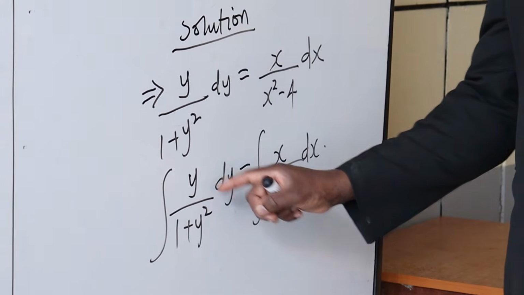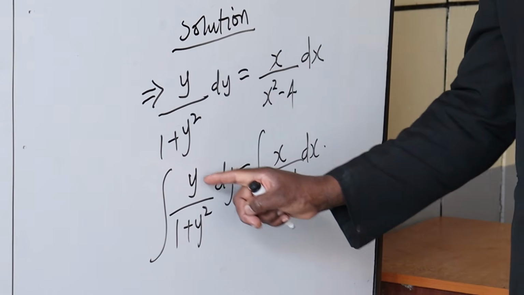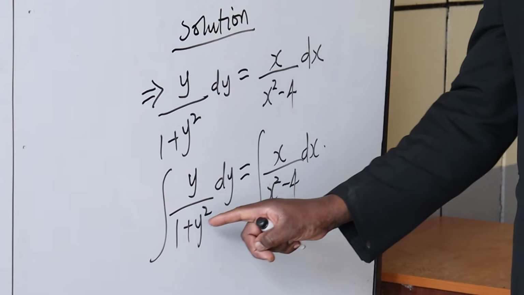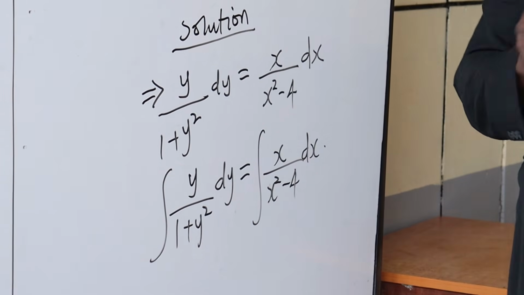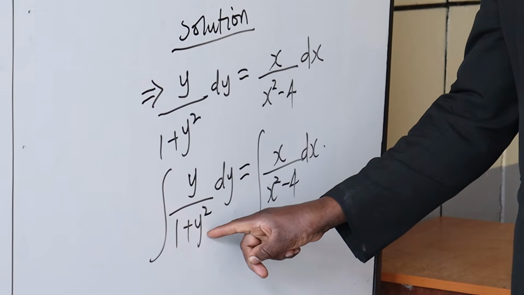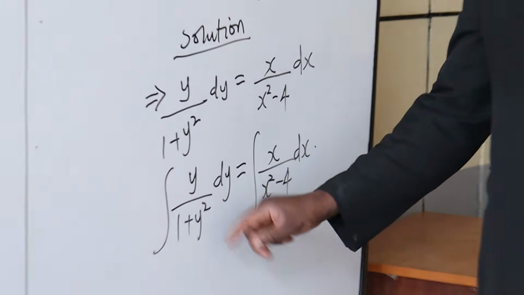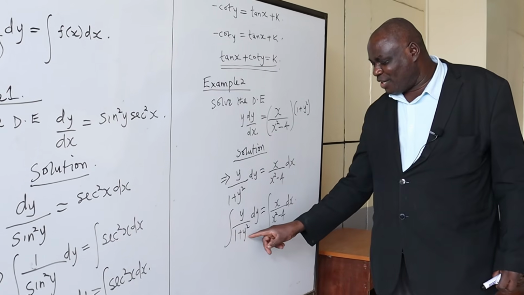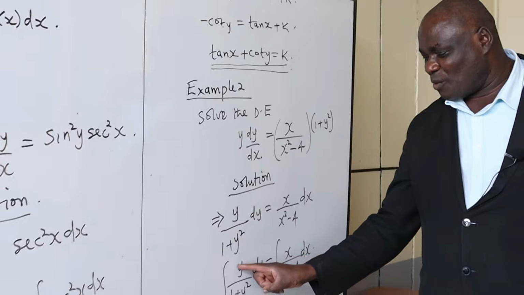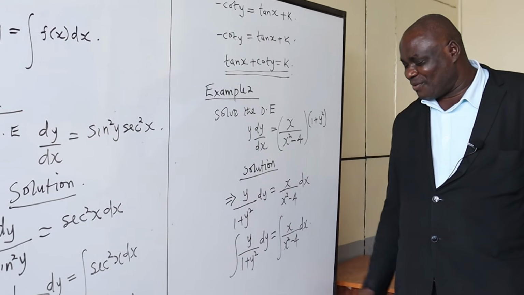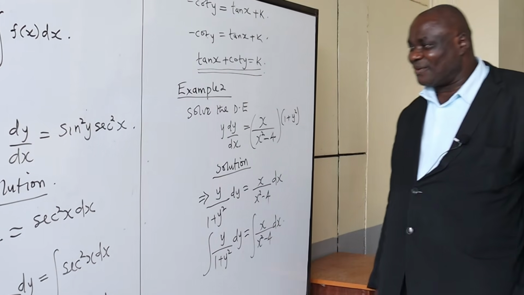Now, here we have a quotient, where the numerator is y and the denominator is 1 plus y squared. What we are going to do is check that the derivative of the denominator, 1 plus y squared, is 2y, and here we have a y. So if we have a 2 up here, then we can solve that integral easily.